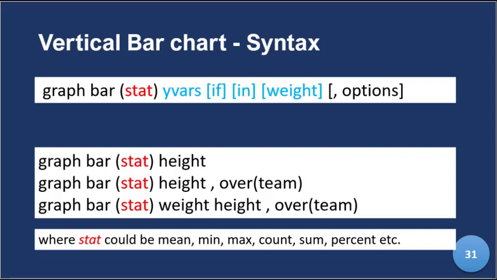Then you specify the y variables, basically the height of those bars, and then you can group them over teams or over another categorical variable. All this will be displayed in the practical session.